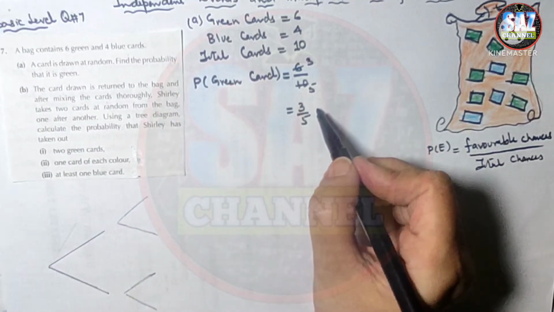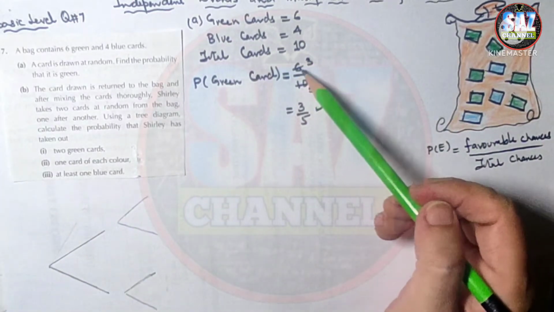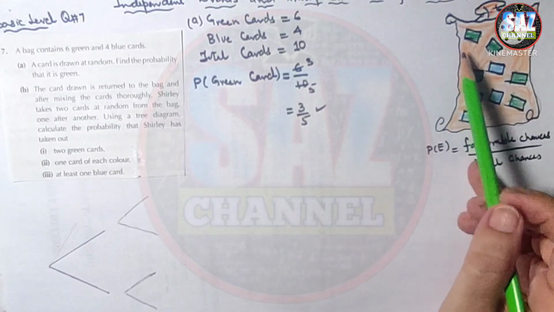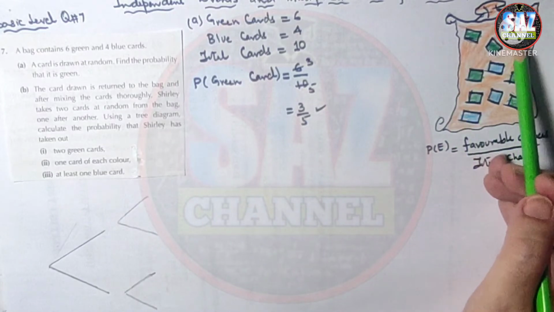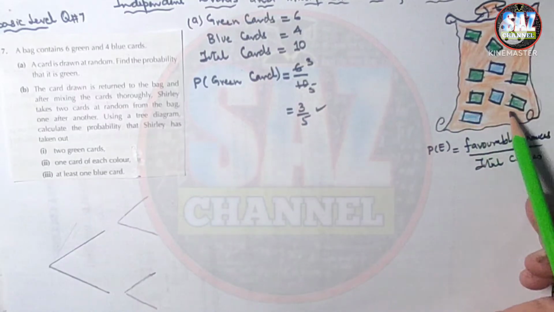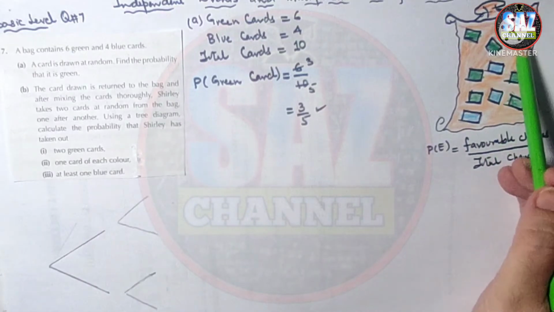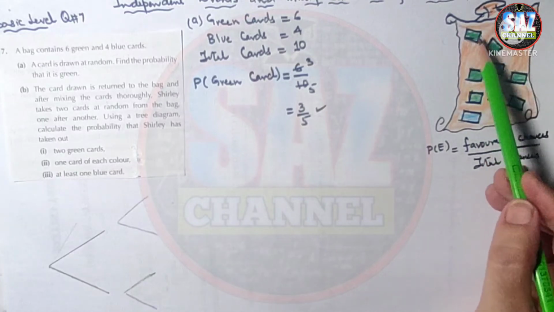And the second part says the card that we picked up in the previous part is returned to the bag. When we took one green card from the bag, we had a total of 9 cards, with no effect on the blue cards, but green cards were 1 less, and they were 5.